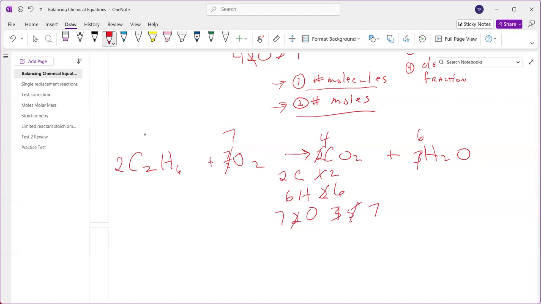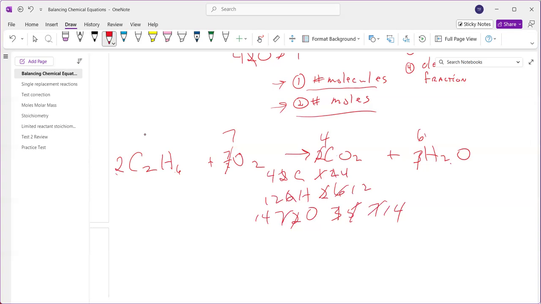Let's do an inventory again to validate that it's still balanced. Okay, we've got 4 carbons, 4 carbons, 12 hydrogens, 12 hydrogens, 14 oxygens, and 8 and 6 is 14. It's balanced.